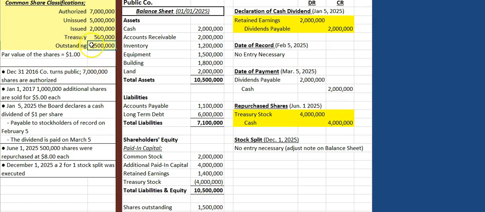So shares outstanding equals shares issued minus treasury shares. If you don't have treasury shares, then shares issued and shares outstanding is going to be the same thing, right? But in this case, we have 500,000 treasury shares. So shares outstanding is going to be 1.5 million, okay?